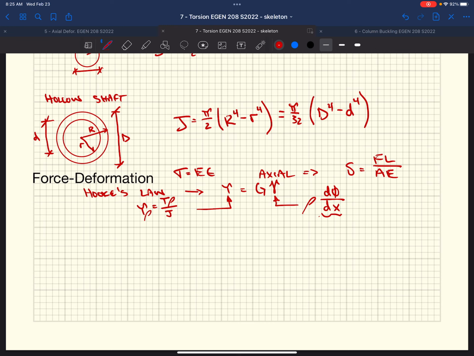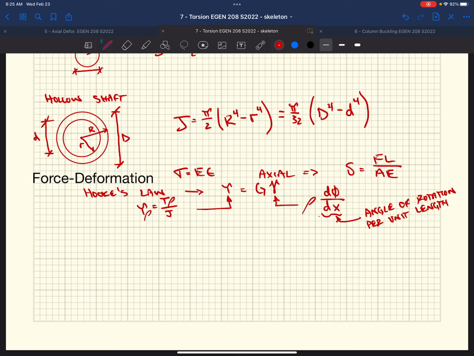And this is the angle of rotation per unit length. If we had a 10-inch long shaft, every inch of that shaft as we went down would have some little bit of rotation. That would be our d phi dx.